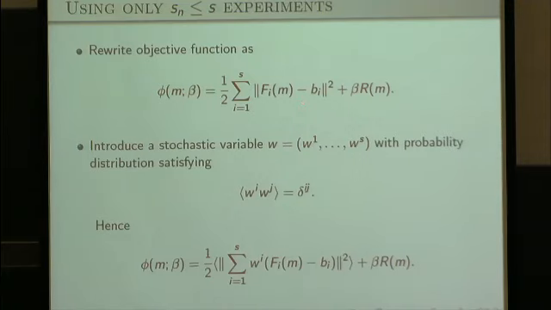And now, if we introduce a stochastic variable w with a probability distribution that satisfies that the expected value of wi times wj is delta ij, 1 when i is j and 0 otherwise, then this sum can be written instead as the expected value of the corresponding sum with wi multiplying fi minus bi. Okay, and of course the next step would be to approximate that expected value.